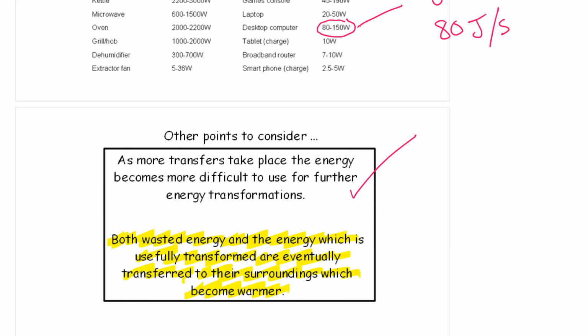So, for example, a kettle again, you're converting electrical energy into heat energy in the water, but that heat energy in the water is then lost to the surroundings, so the surroundings eventually heat up. Okay, that's the end of lesson 1.